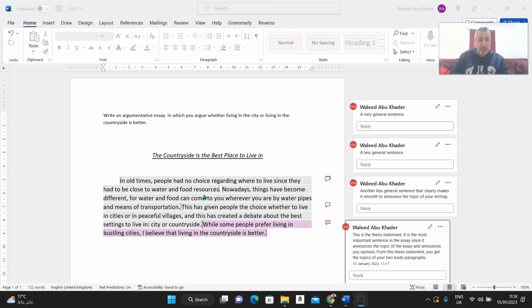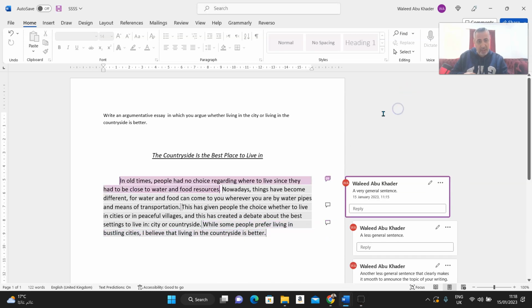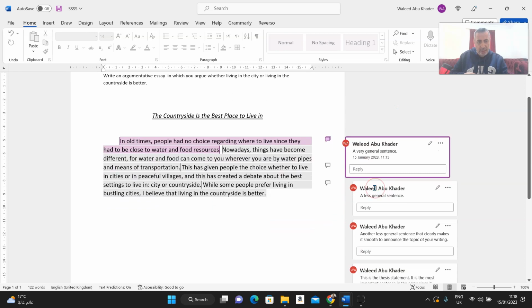That is related to the topic, but reading the first and second sentence, the third sentence, the reader must not know what exactly you're writing about, because they must be general sentences. So this is sentence 1, a very general statement.